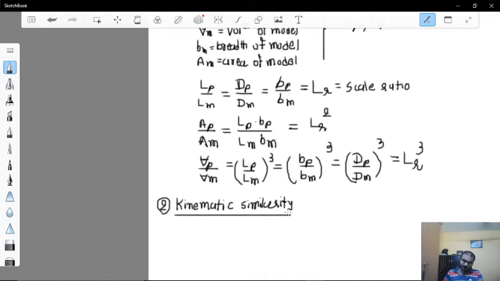So what is the meaning of motion? That here the velocity ratio and acceleration ratio will be same between model and prototype.